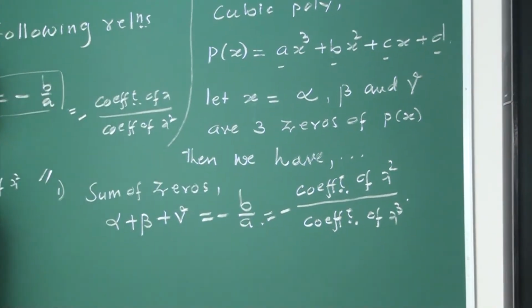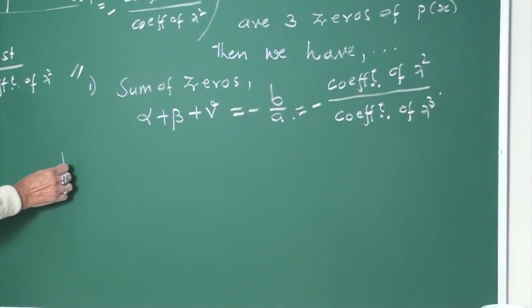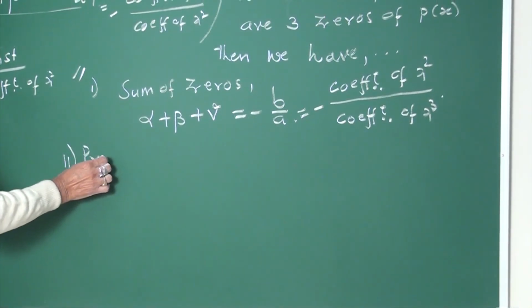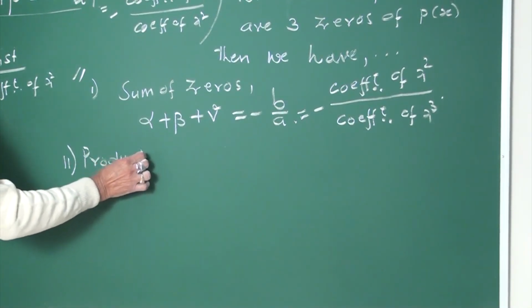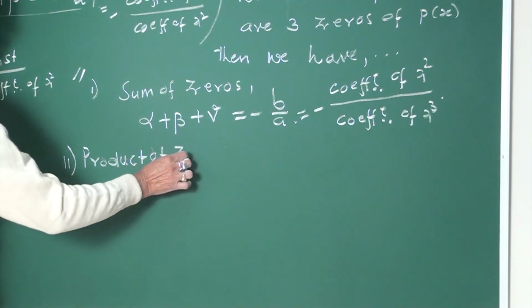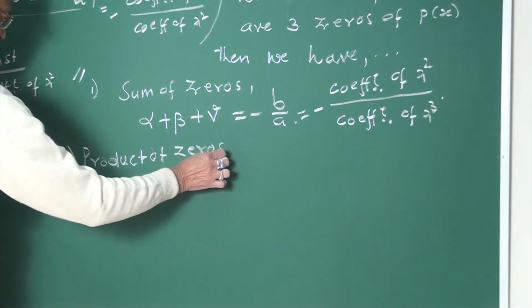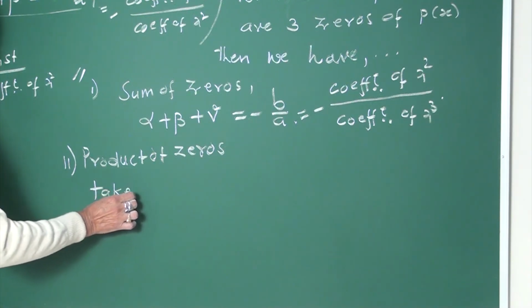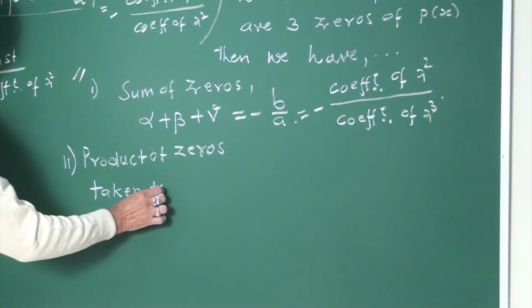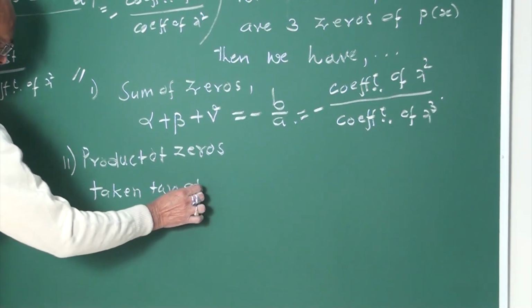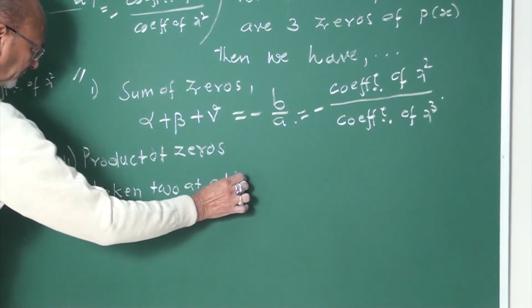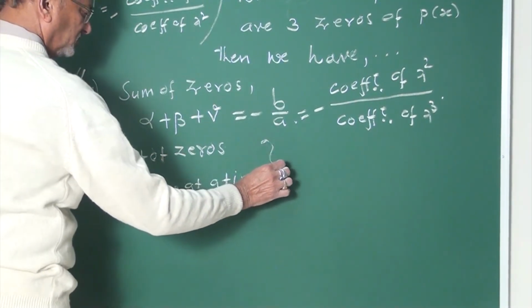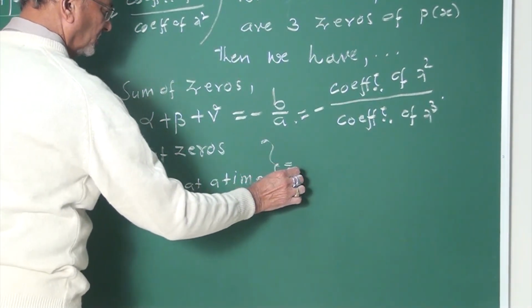This is first. Second, product of zeros taken two at a time.